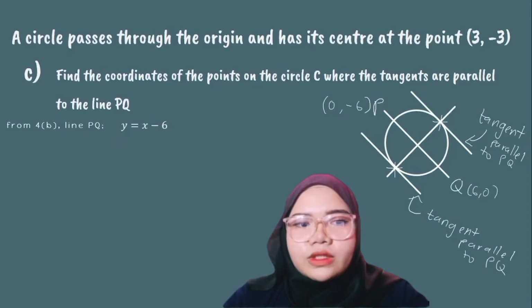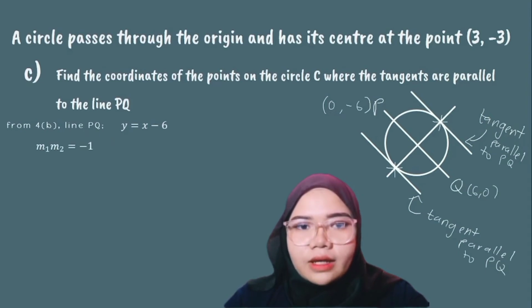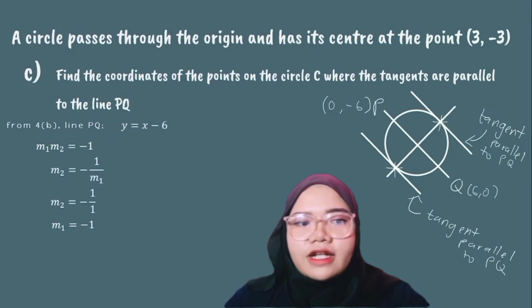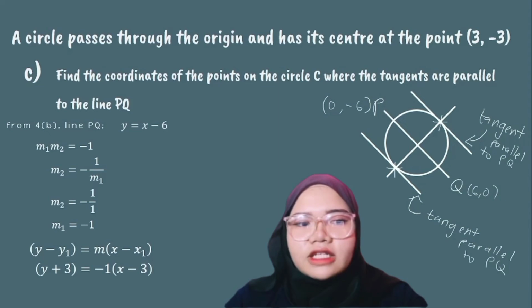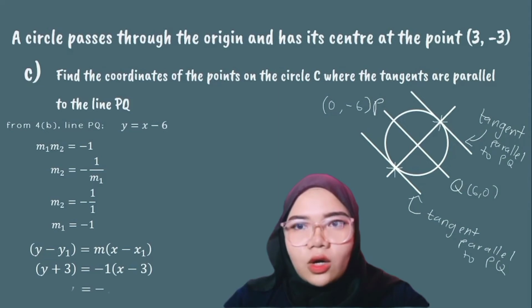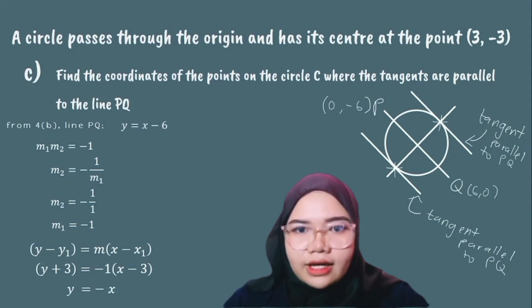So, we will use the formula m1 m2 equal to -1 to identify the gradient of the line based on line PQ. After that, we substitute the gradient and the coordinates of the center of the circle, because the line that connects those 2 points passes through the center of the circle. Then, we get the equation of the straight line y equal to -x.